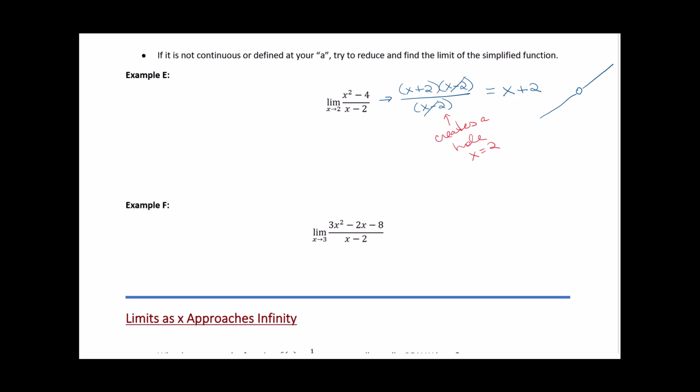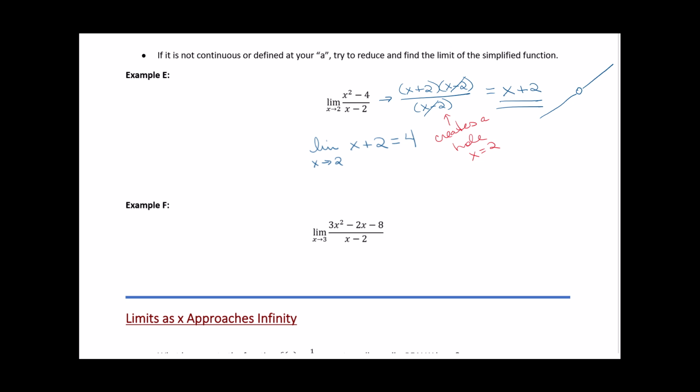In other words, it would still approach the same y value as x plus 2. So that means the limit as x approaches 2 of that rational function would be the same as the limit as x approaches 2 of the linear equation x plus 2, which when you plug in the 2 would equal 4.